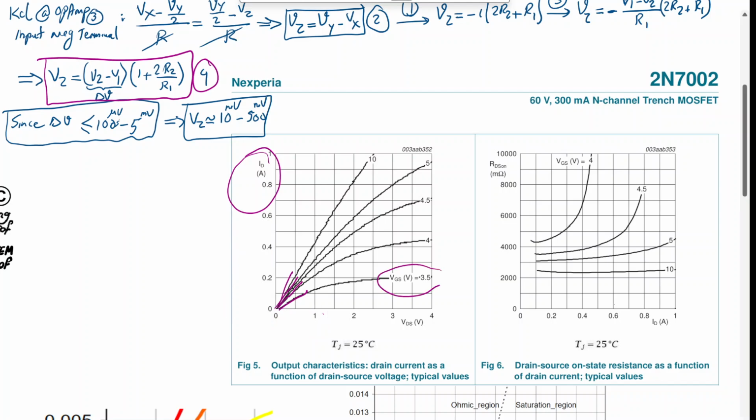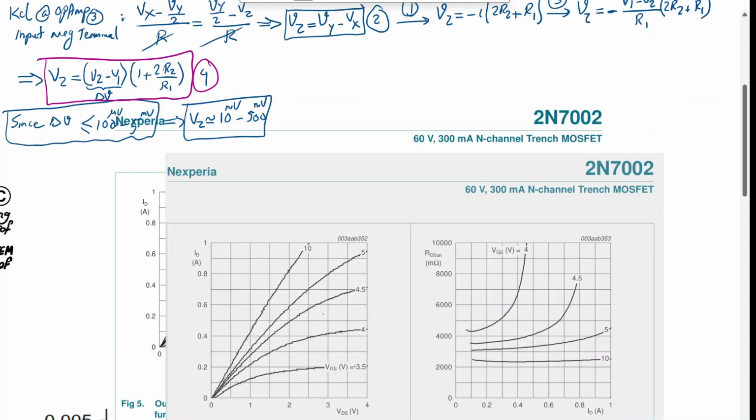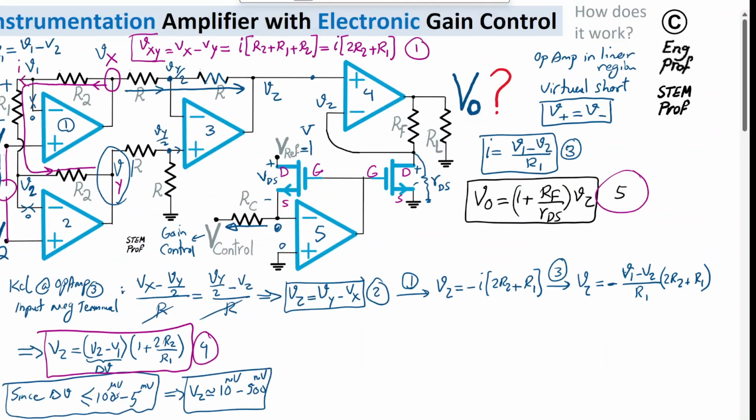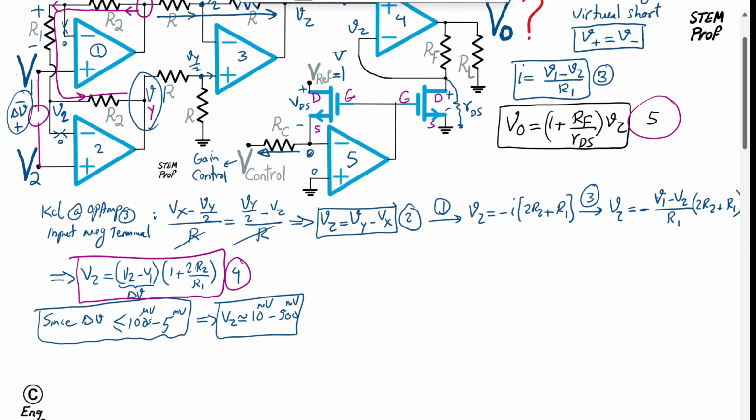So we can adjust that by the selection of the VGS. As you can see, the gate-source voltage here is 3.5, 4 volt, 4.5, 5 volt, and for example, let's say even higher, 10 volt. So selection of the NMOS depends on application. Okay, so I just wanted to show an example of a potential N-channel MOSFET, but depending on the application, you might need to check, let's say, the likes of Mouser to select the right transistor for the purpose you have in mind.